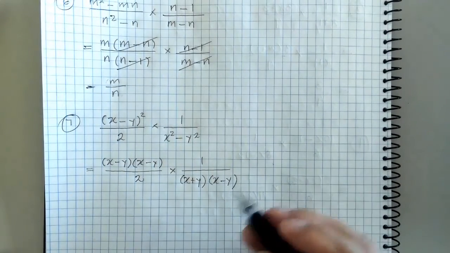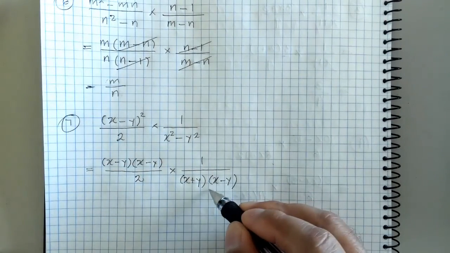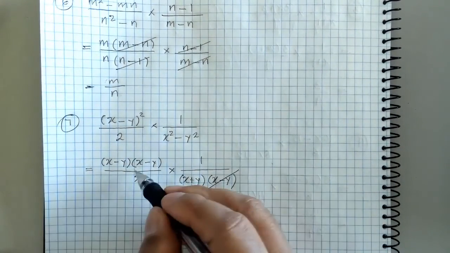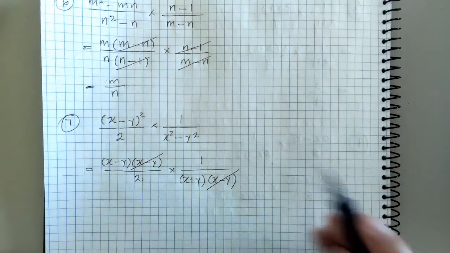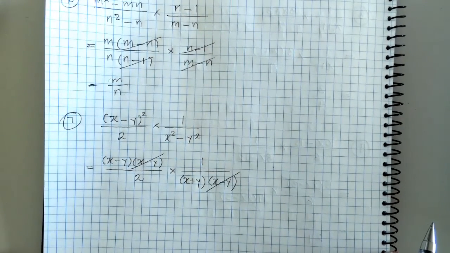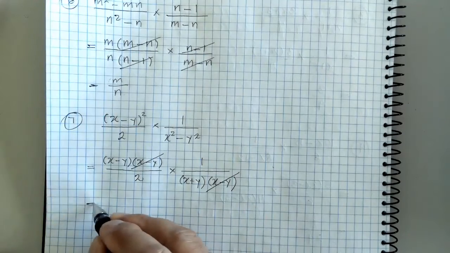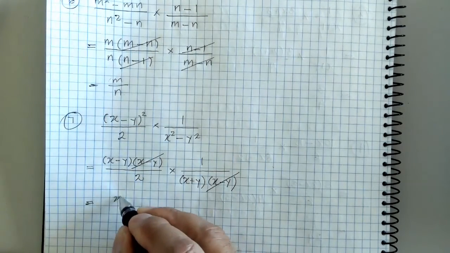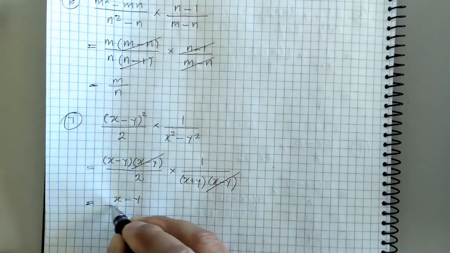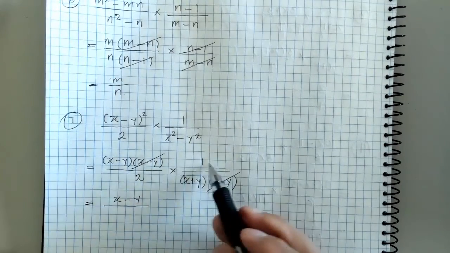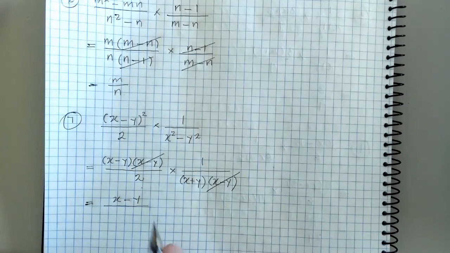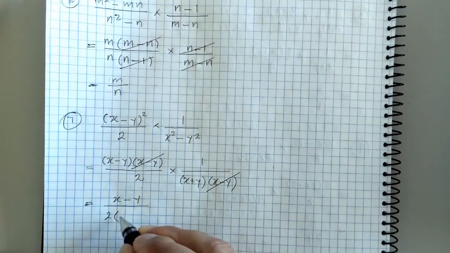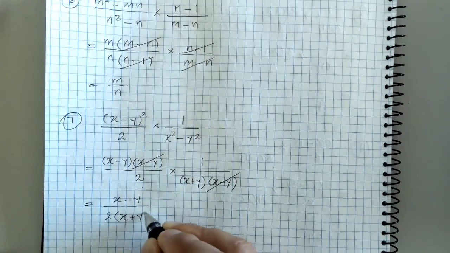Then we can simplify this with that, and that's all we can do. So the answer is going to be x minus y, because that is what is left on top, but then at the bottom we have 2 times x plus y.